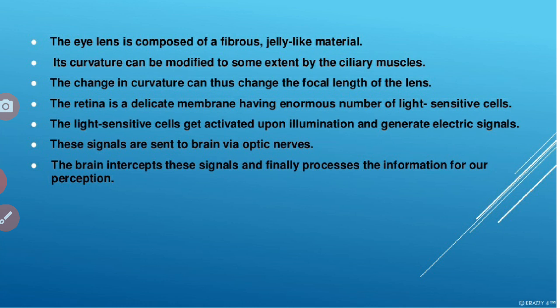The light sensitive cells get activated upon illumination and generate electric signals. These signals are sent to the brain via optic nerves. The brain interprets these signals and finally processes the information for our perception.